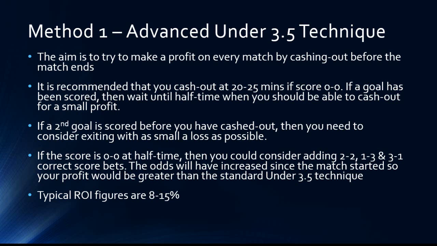Because the odds have increased at the half time point, those stakes will be a lot less using this advanced method technique. So your profit would be greater, and obviously you're still covered for all of the under 3.5 scores and 2-2, 1-3, 3-1.